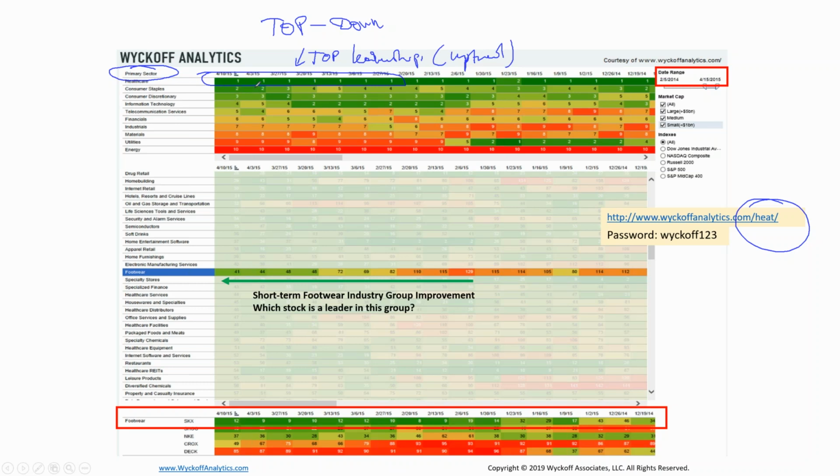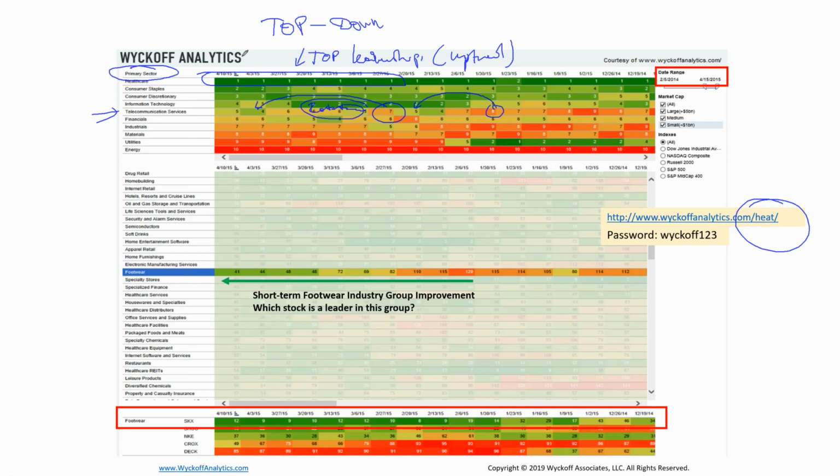And then we also want to define the leadership as rotational leadership, coming from, let's say, 8 to 5, 7 to 4 in telecommunication services. So when we see this rotation, we're thinking institutions are coming into this space, into this area.